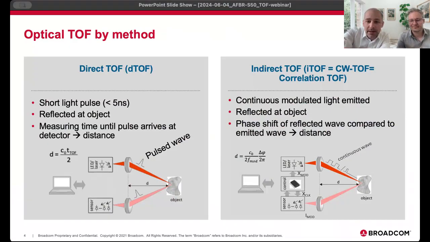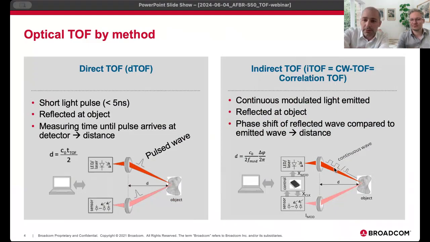On the other hand, there is also the indirect time-of-flight method, also called the continuous wave time-of-flight method, or the correlation time-of-flight method. So there are many names for the same thing. In this presentation, we call it indirect TOF or iTOF. The difference to direct TOF is that here a continuously modulated wave of light is emitted from the laser or light source.